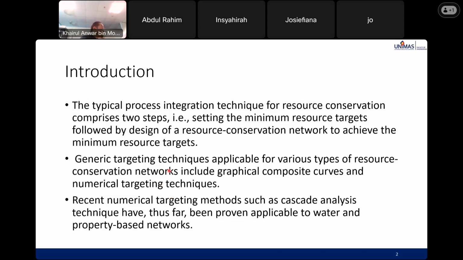The generic targeting technique is applicable for various types of resource conservation networks, including graphical composite curve and numerical targeting technique.